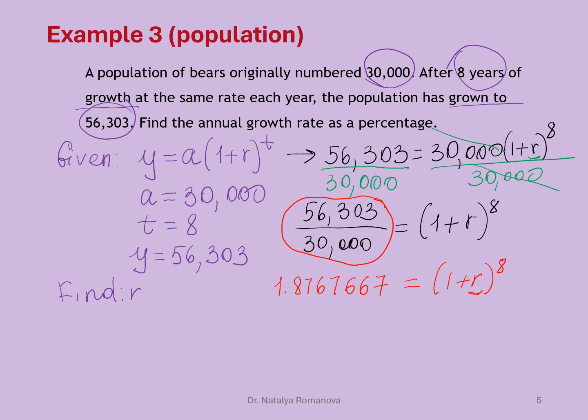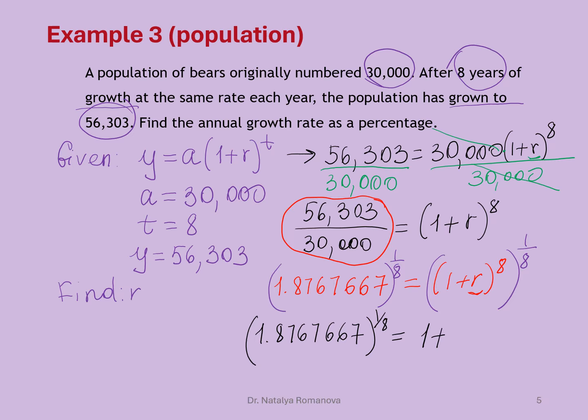We need to isolate r, so we apply the power 1/8 to both sides of our equation. Now we have 1.8767667 to the 1/8 equals 1 plus r.